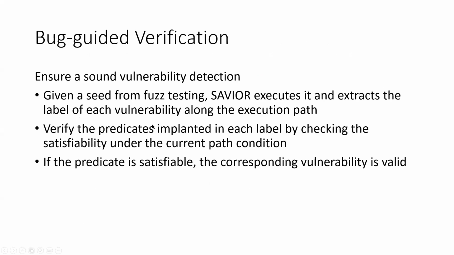Yeah, so basically Savior will extract the label of each vulnerability, and for each vulnerability, it will verify the predicates that are implanted in the label, and it will check according to the path condition whether this vulnerability can actually be triggered.